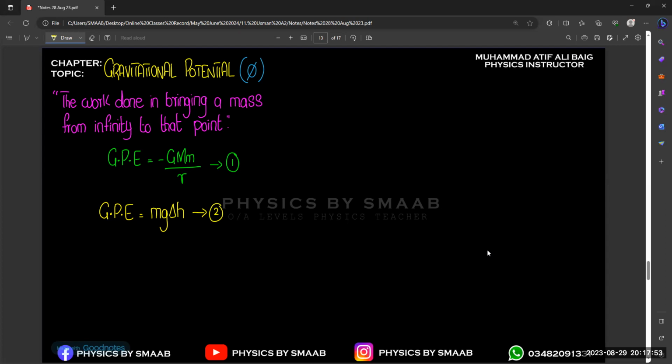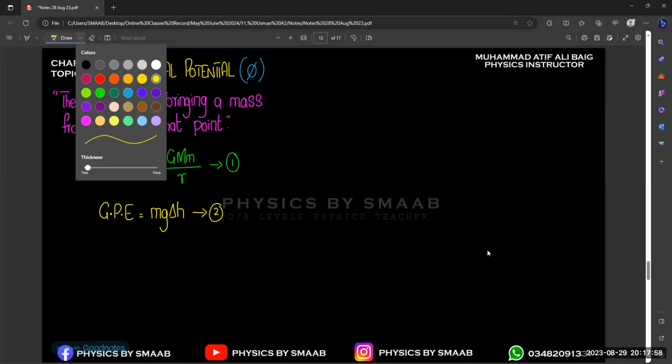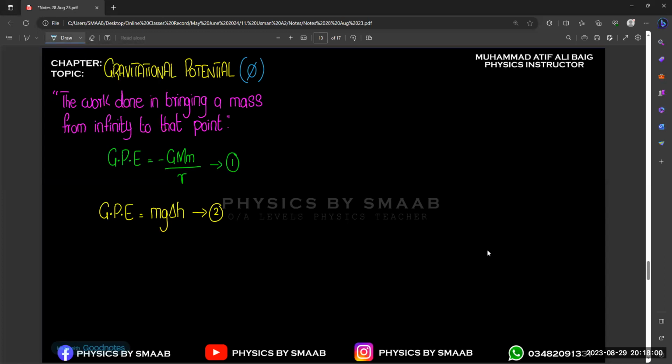So let's suppose we consider two bodies or two planets. We have one planet over here and another body, let's suppose a satellite. The satellite can be inside the gravitational field or outside it with respect to the planet.